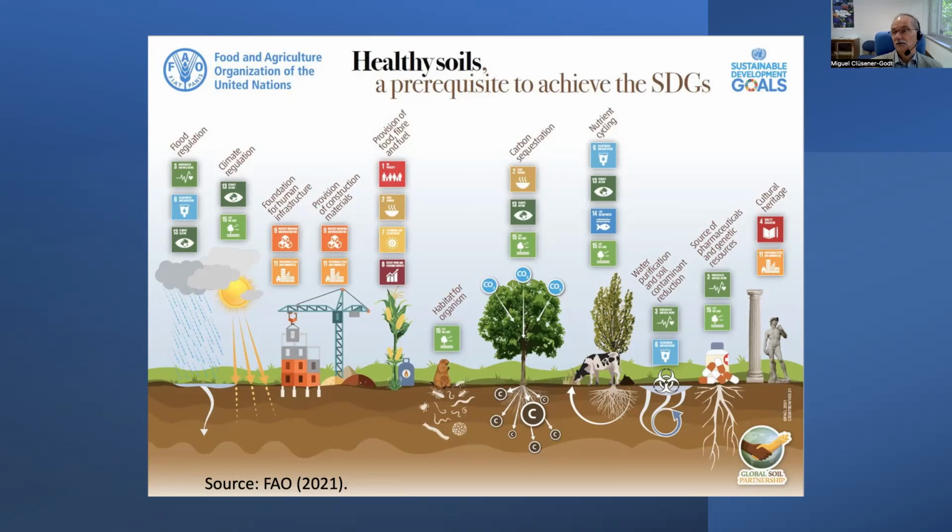Provision of construction materials comes, of course, from soil and from the rock, from the sediments below. Provision of food, fiber, fuels. Of course, fossil fuels come by far from below. Habitat for organisms, the last slide I mentioned to you.